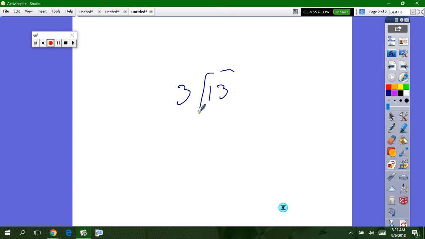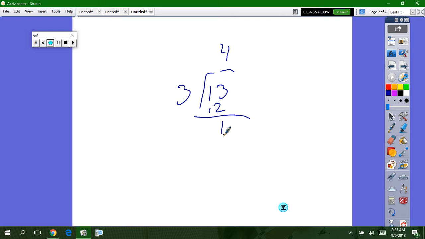What is this? 3 can go into 1? No. 3 can go into 13? 4 times. 4 times 3 is 12. 1. Now I could continue on doing decimals, but I'm not going to. So this is remainder 1. You guys remember talking about remainders back in the day? But what's another way to say this?